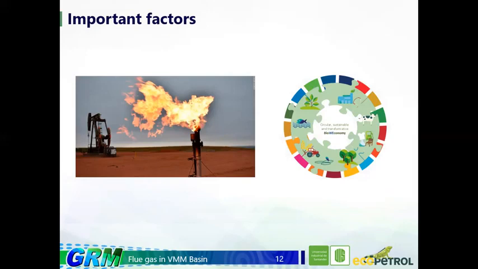So capturing and treating this flue gas, for using it, for example, as an additive to the steam in the process, could be a helpful way to decrease the emission of gases to the atmosphere from the oil and gas industry.